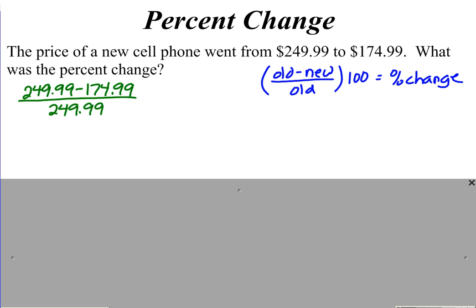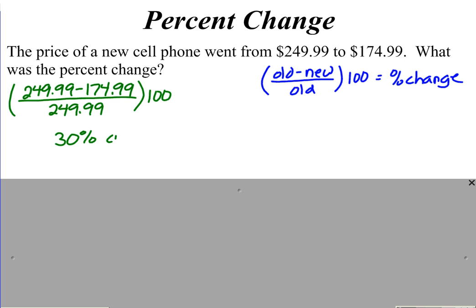Plug this into your calculator. You should be able to plug all this in one step. If not, use separate steps, but if you use parentheses properly, make sure you do the subtraction. So we're working inside the parentheses first. Subtract those, get the answer, divide by $249.99, multiply by 100, and you're going to get a 30%.